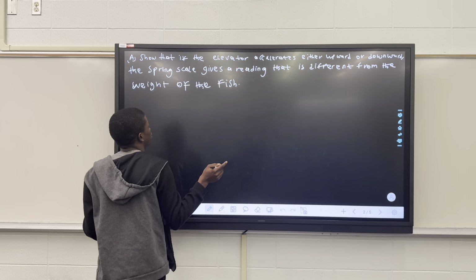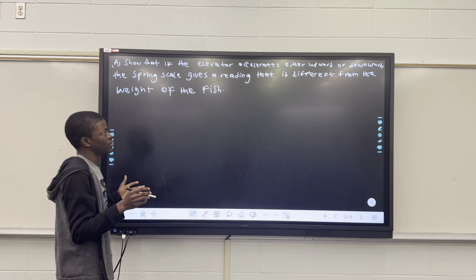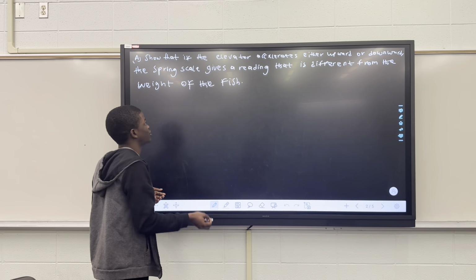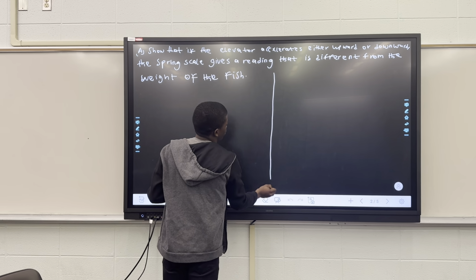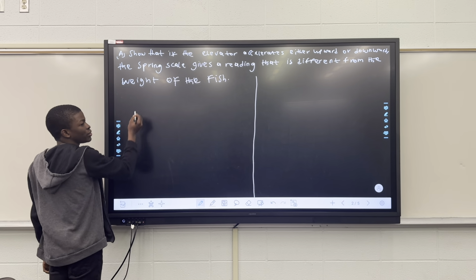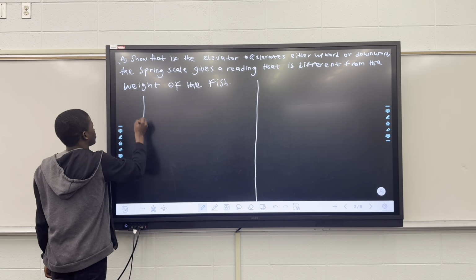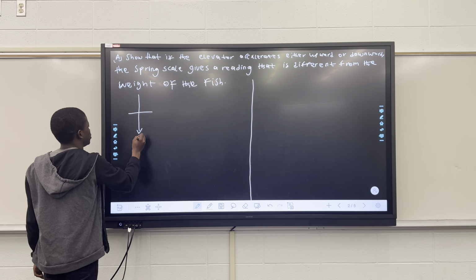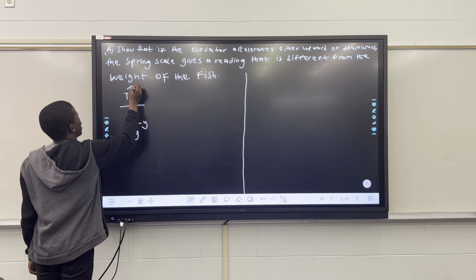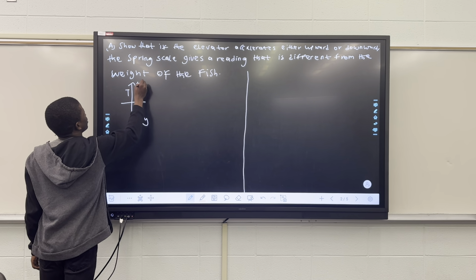So for the first question, we are going to show that the reading on the scale is going to be different from the normal weight of the fish if the elevator is going upwards or downwards. I will do upwards right here. Let's say the elevator is going upwards. I can set up my axis again. This is mg and negative y. This is tension and positive y.